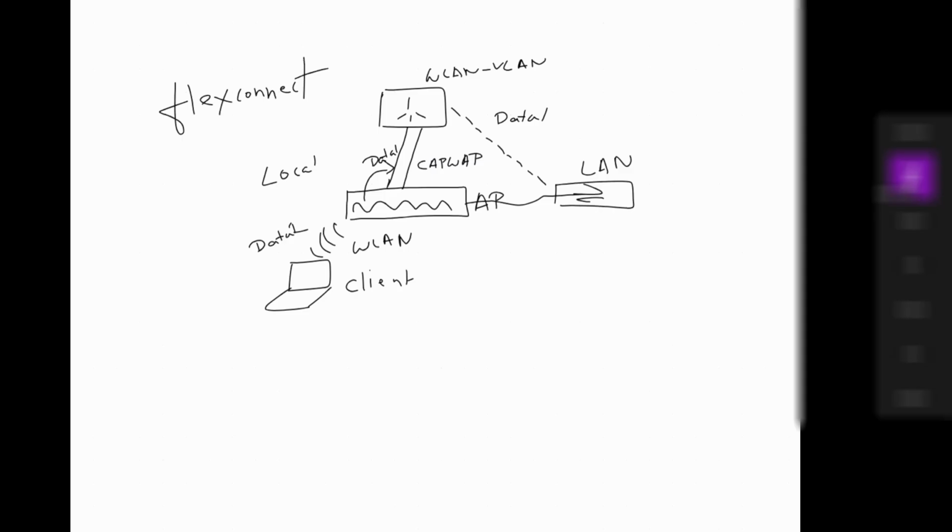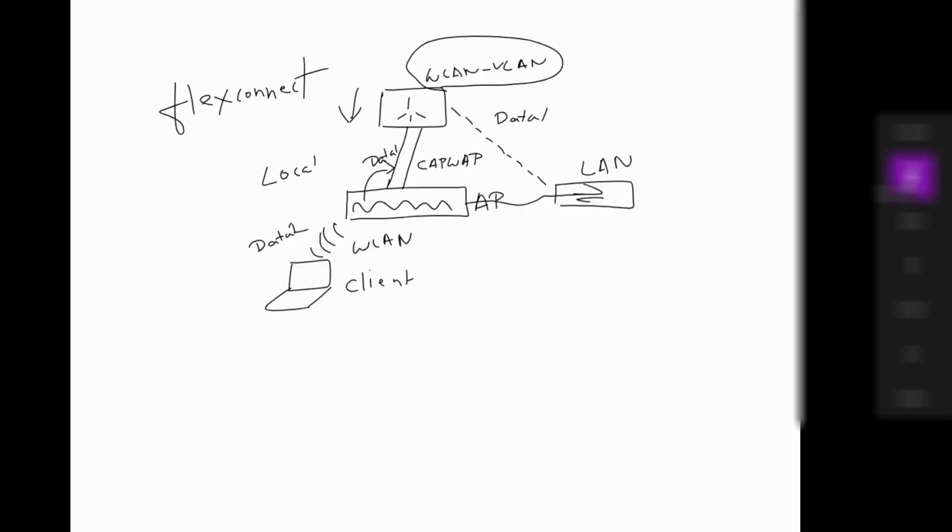When the WLC goes down, the access point is still able to work. Okay, the access point is able to do things. The access point can do the WLAN to VLAN mapping on its own.